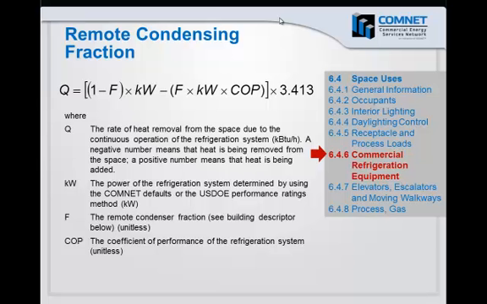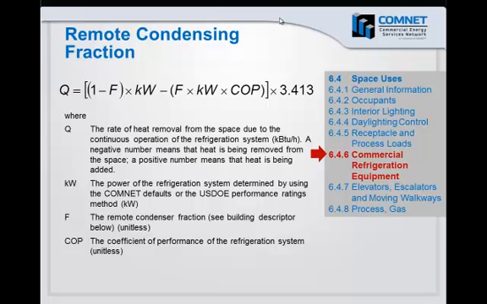So what this equation does is it takes into account the remote condensing fraction, F, which is the fraction of condenser heat that's outdoors as opposed to indoors. And then the kW is the total power of the refrigeration system, determined either through the COMNET defaults or from the DOE2 performance rating method.